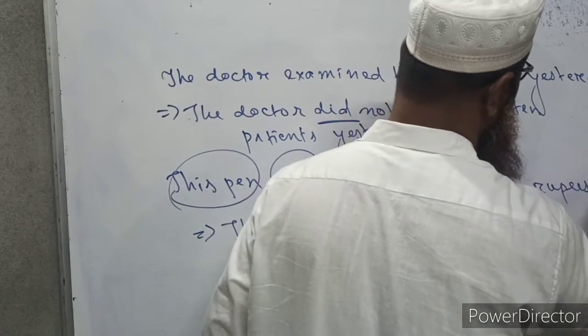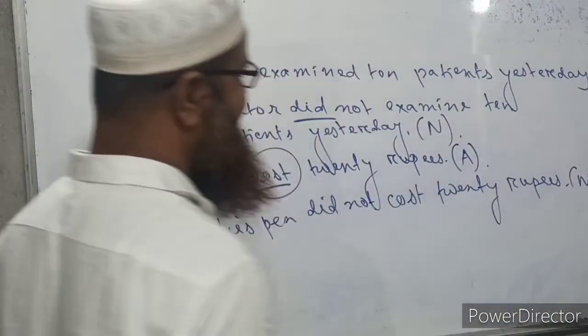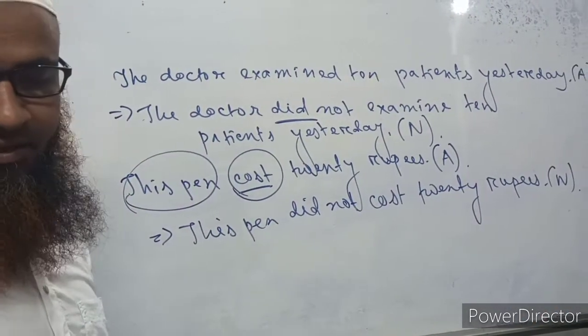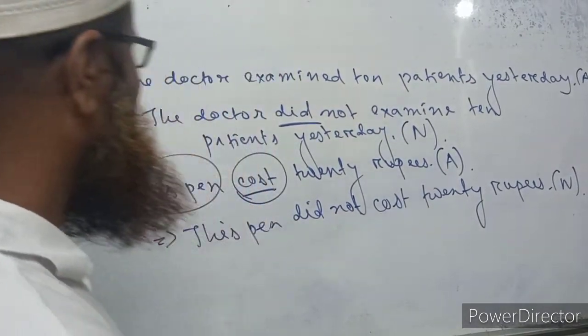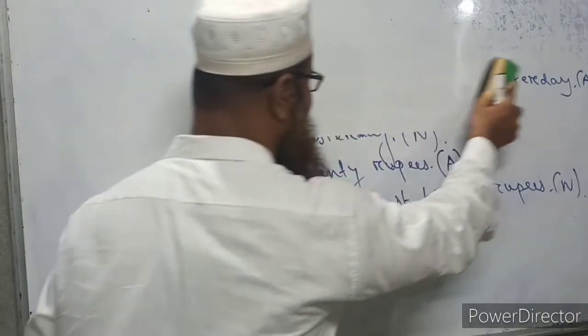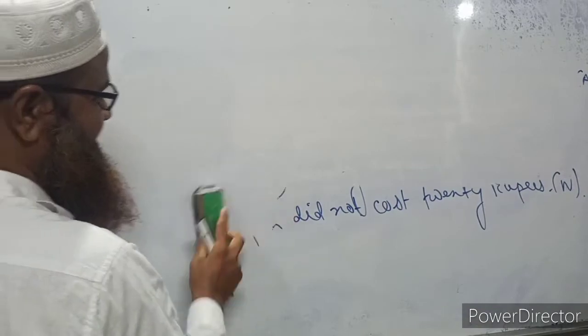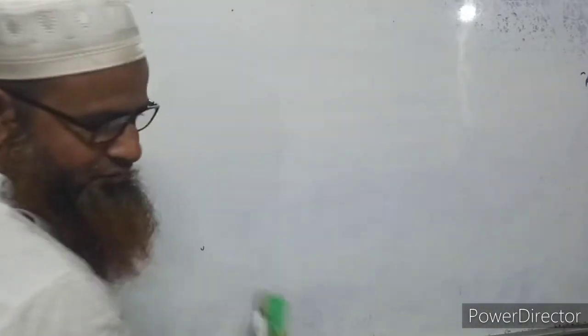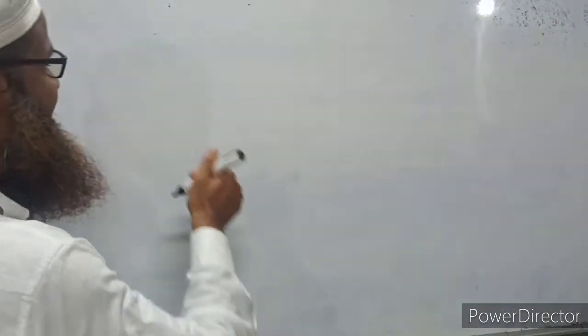It is very important to remember for some verbs which remain the same in all their three forms, present, past and past participle. Like this, I can write another sentence.